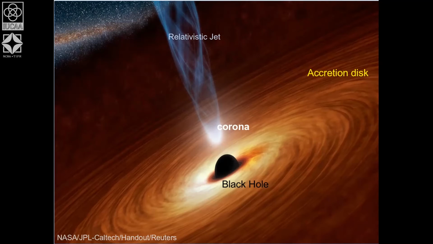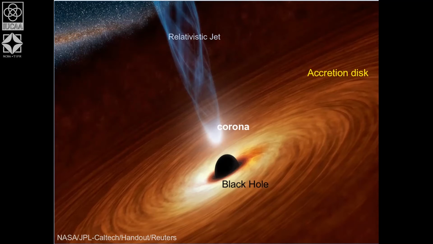Then there is some kind of corona, and we do not exactly know the relative geometry of the disk and corona, but it is possible that this corona is the base of the relativistic jet. The relativistic jet emits our radio emission as well as other emission at other wavebands sometimes.